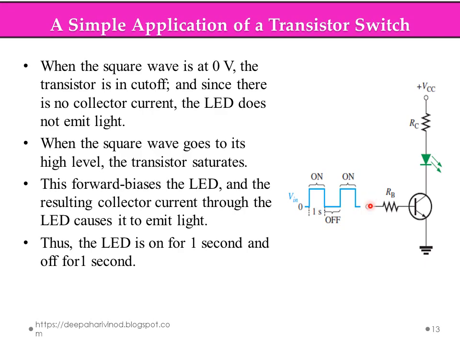When the transistor is in the cutoff, the LED does not emit any light. When the square wave goes high, the transistor saturates and forward biases the LED, and the resulting collector current through the LED causes it to emit light. Thus the LED is on for 1 second and off for 1 second.